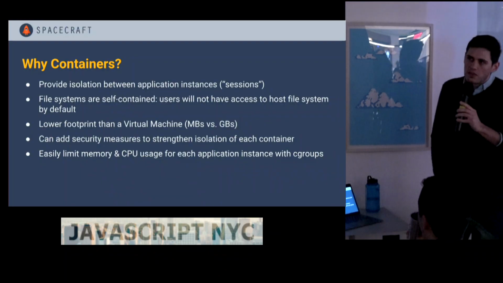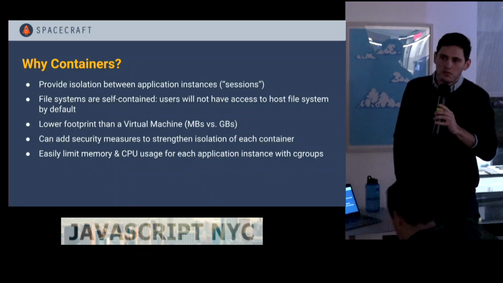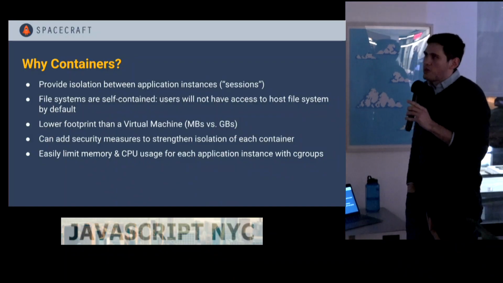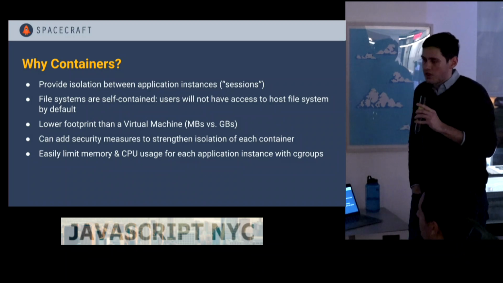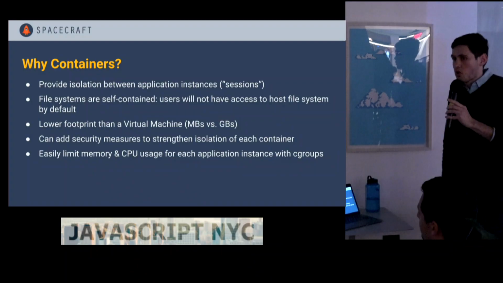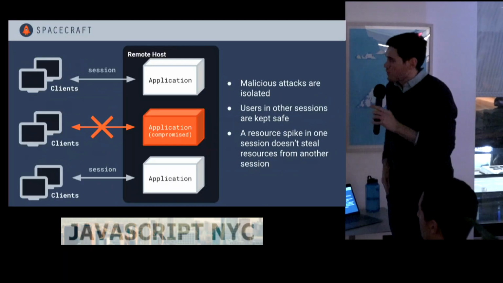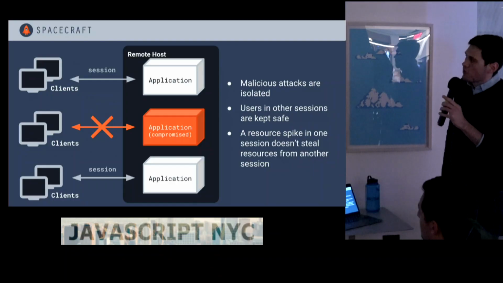So I could say that each container can only use 20% of the CPU of the host system, and it can only use maybe 100 megabytes of memory. And so then no matter what anyone does in their session, they can't go over that, and the other sessions won't be affected. And here you can see a diagram of what I'm talking about.